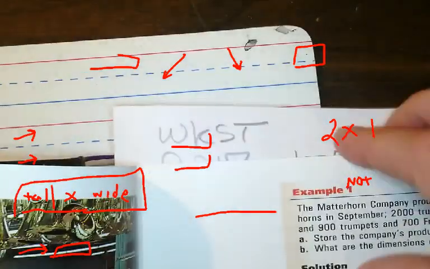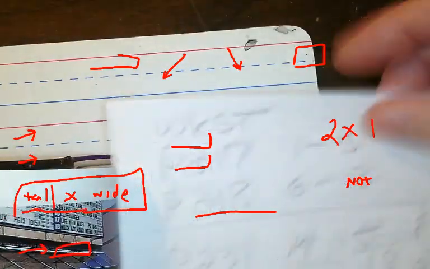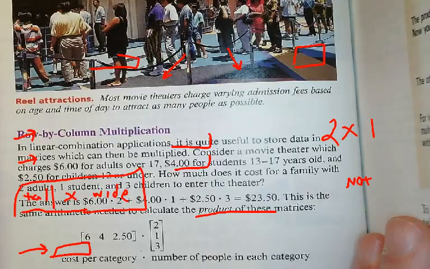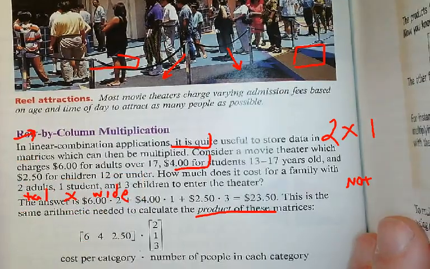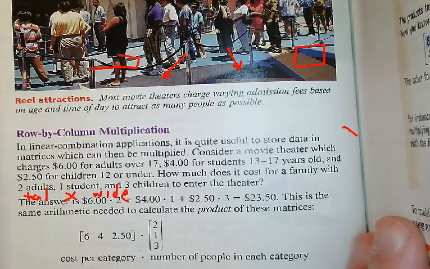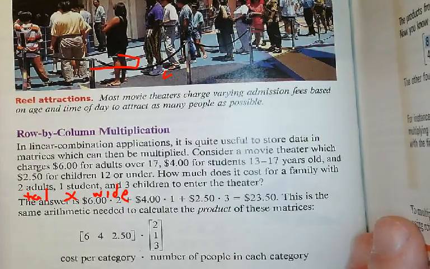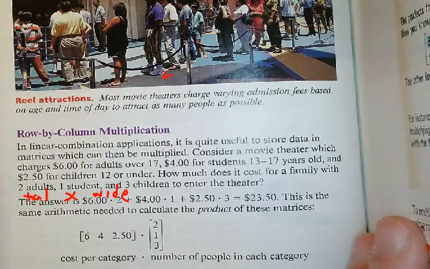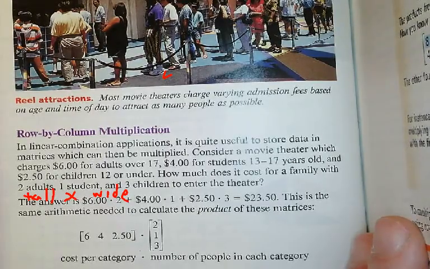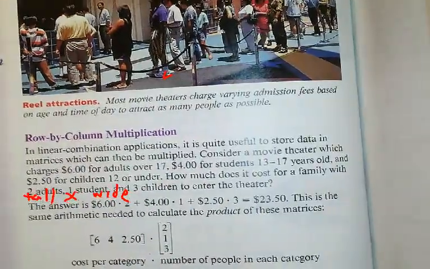Let's look at something else that we need to know about a matrix. And I'll probably have to clean all this junk off before we can do that. So let's leave the tall and wide thing there. But we can get rid of all this other stuff. Okay, looks like I need an L on my tall. There we go. Tall by wide.